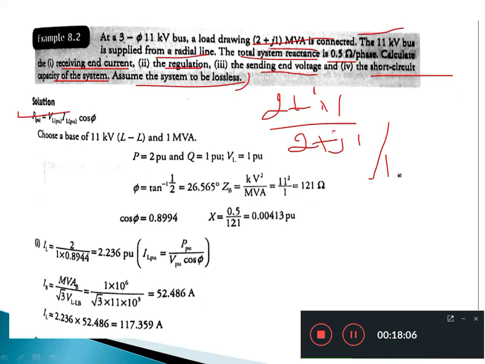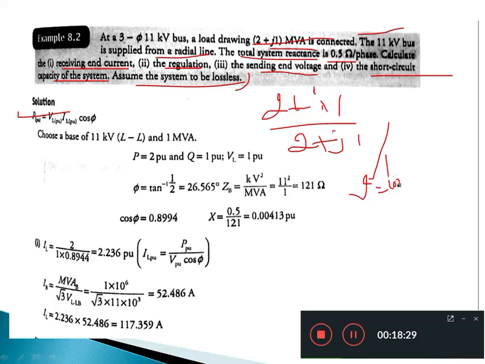Anything divided by 1 gives the same values. To find phi, phi is equal to tan inverse of 1 by 2. How do we get this? The total power in terms of R plus jX, to calculate the theta, tan inverse of y by x. Then you get cos phi.